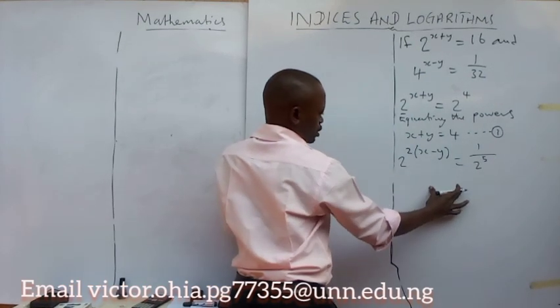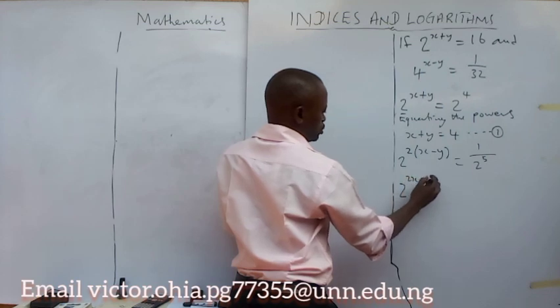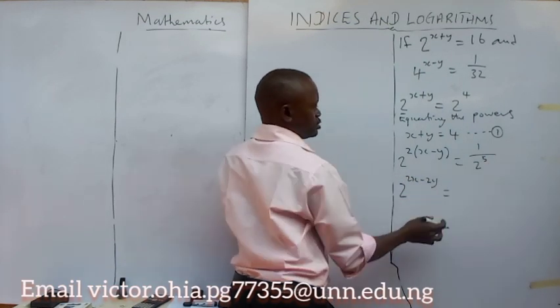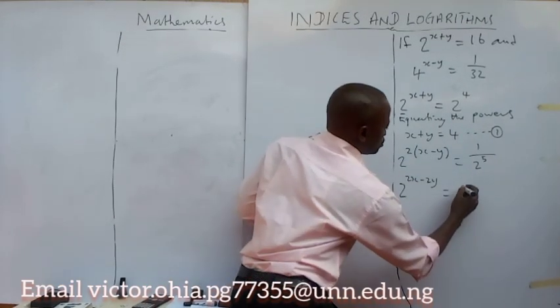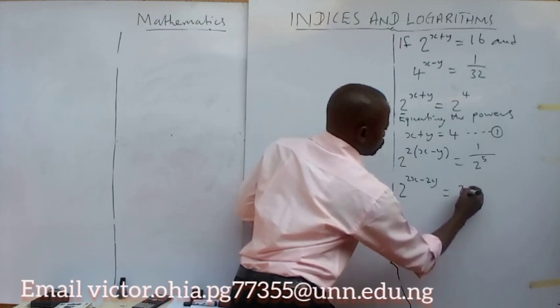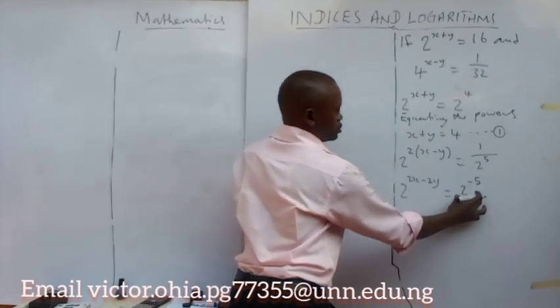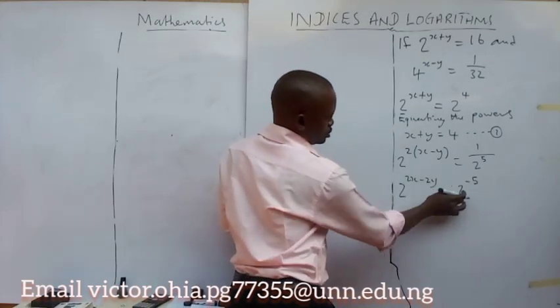I will step down again and present this as 2 to power 2x minus 2y equals to this. Now I can write this in the negative index form, because this is the reciprocal of this. So we have 2 raised to power minus 5. Do you realize that the bases are now equal?